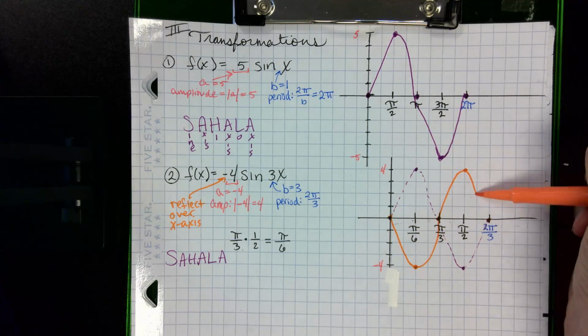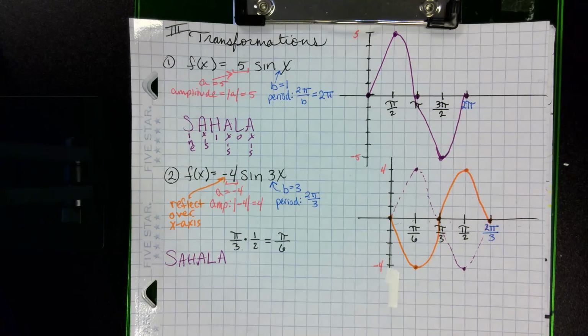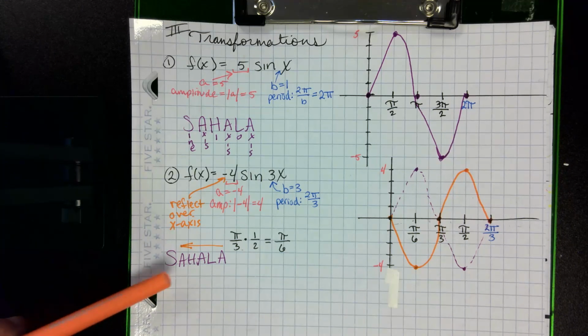Oops. I'm doing a terrible job of graphing. So I took the purple one and I reflected it. Some people just like to do this going backwards, this Sahala. If you want to reflect it, you could just do axis, low, axis, high, axis. You could just read it backwards. I feel like there's more room for error doing it that way.